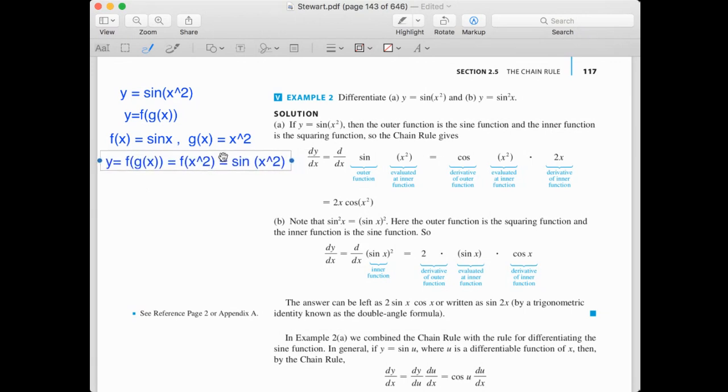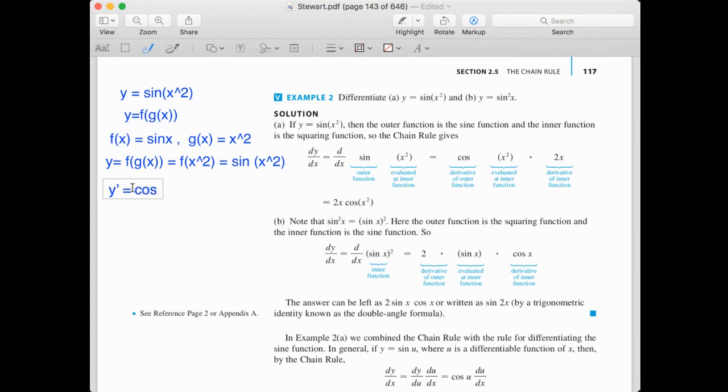So make sure you can see a composition function this way. A function can be written as a composition of two functions, right? If we have f here, we have g here. Now the chain rule is saying take a derivative of f. So the derivative of y, so y prime, equals derivative of f. What's the derivative of f? Cosine, right?